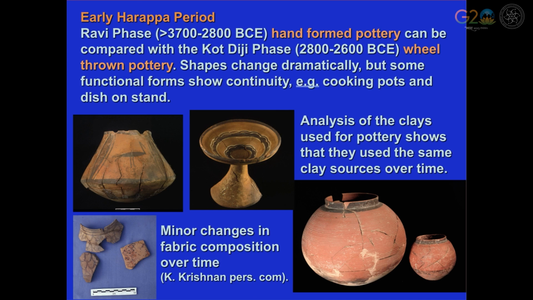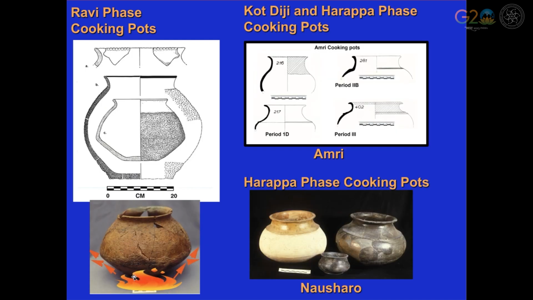We also see changes in the shapes of cooking vessels between the Ravi phase, which are hand-built vessels with a flat bottom, applique of slurry on the outside, to Harappan ones which were wheel-made, and then rounded bases, and then slurry on the exterior as well, with the ridge and the flaring rims.